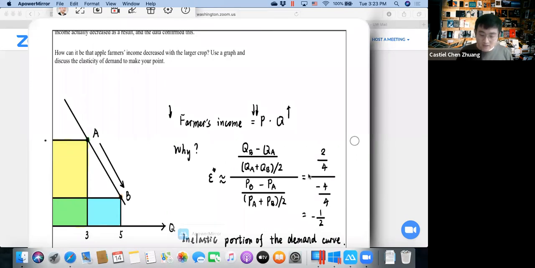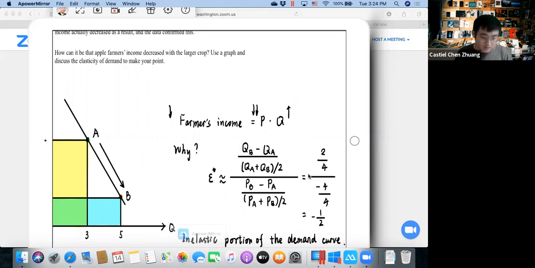It's quantity B minus quantity A divided by the middle point of the two quantities, divided by the price of B minus the price of A divided by the middle point of the two prices. So the numerator is actually an approximate of the percentage change of quantity, while the denominator is an approximate of the percentage change of the price.